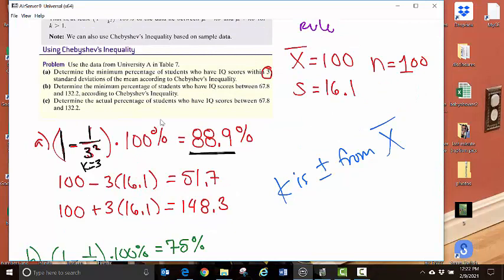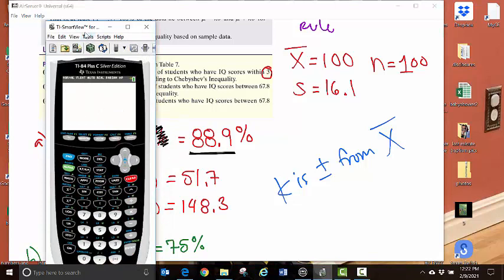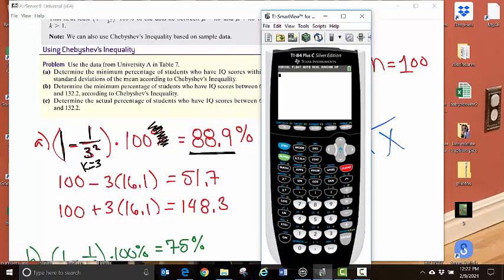This percent is just kind of built in. I don't know why they do that there. It's not really timesing by 100%. We're saying 1 minus 1 divided by 3 squared. The 3 comes from the question, 3 standard deviations away.